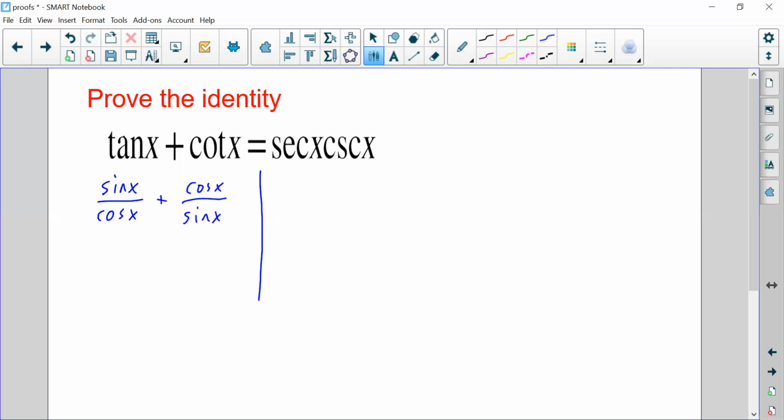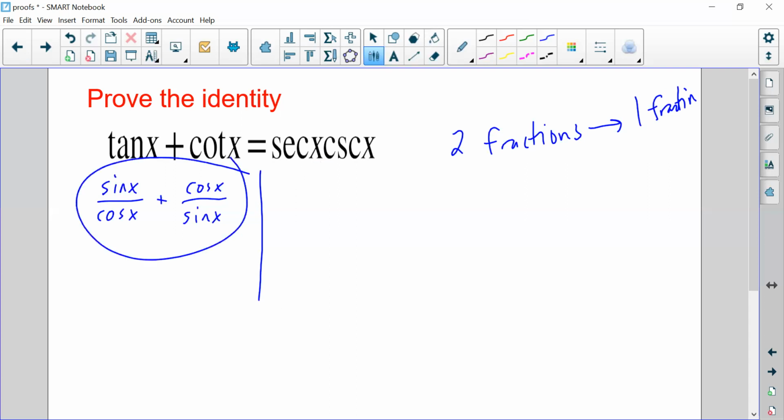Here I've got a situation where I have two fractions, and my end result, I wanted to make it look like this, which is only one fraction. So, you know, I could write this as a fraction, I can write it as over 1. So I've got two fractions that I want to become one fraction. Well, you just have to add those fractions.